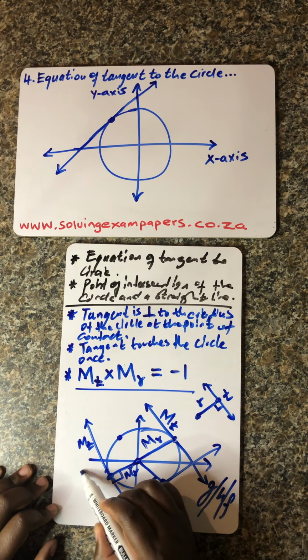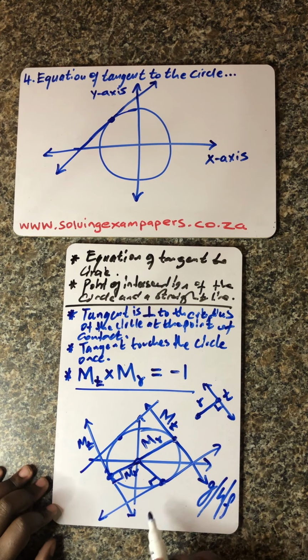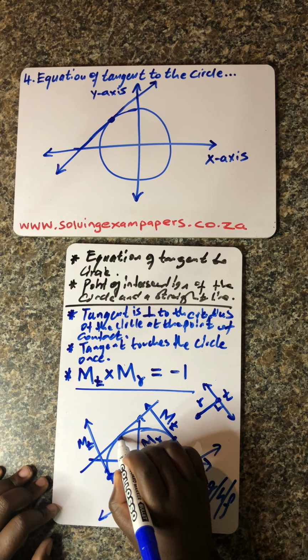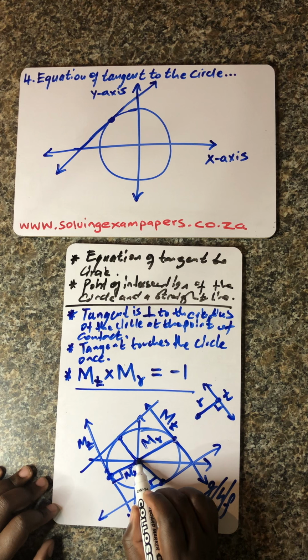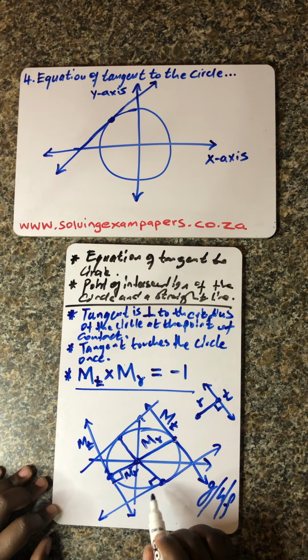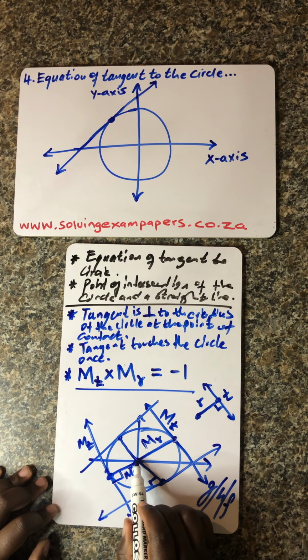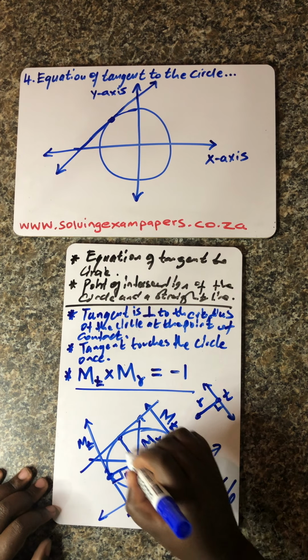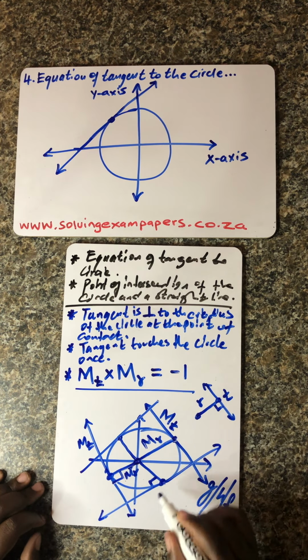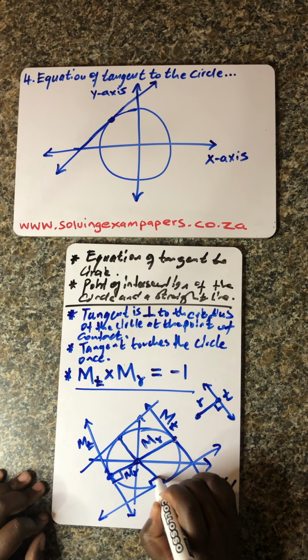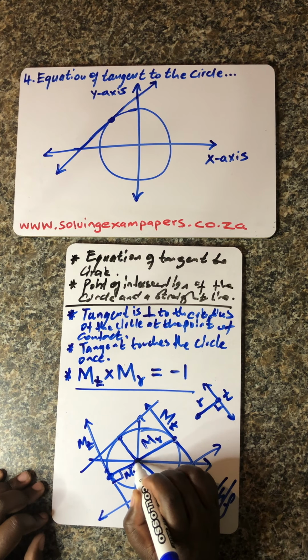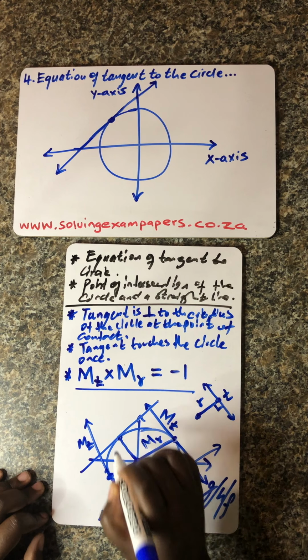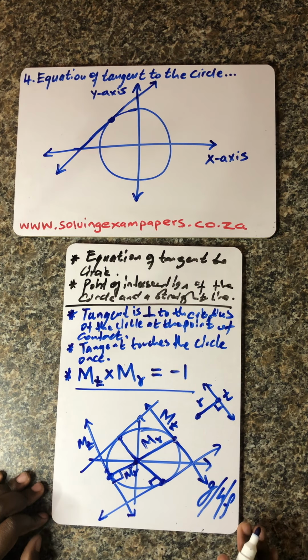Even though a tangent seems like just a straight line, from that point maybe it deviates or forms a different angle. Then that means the radius won't be the same.